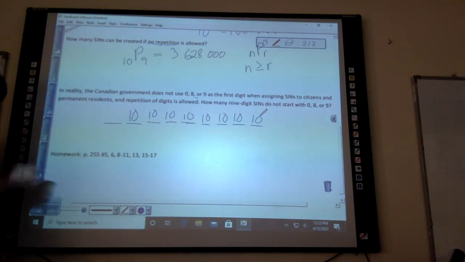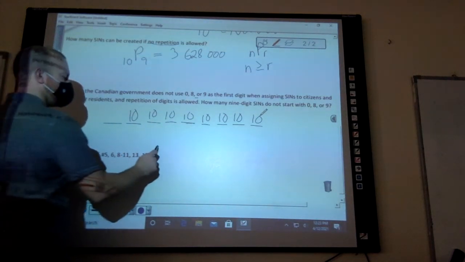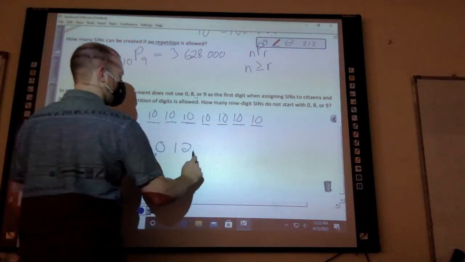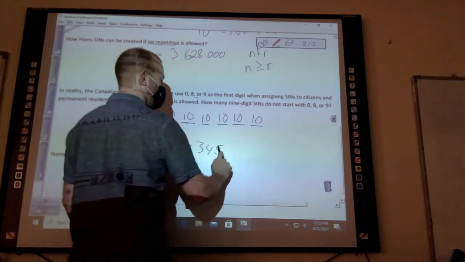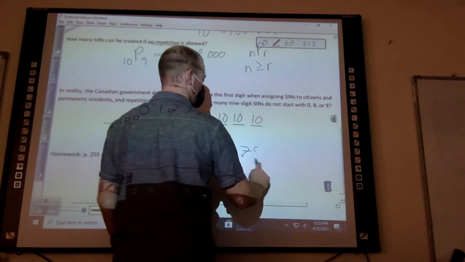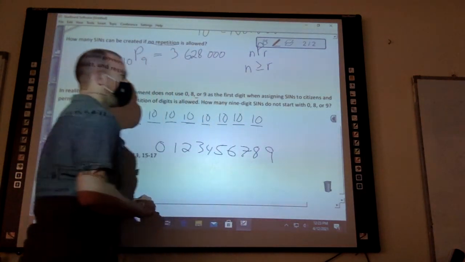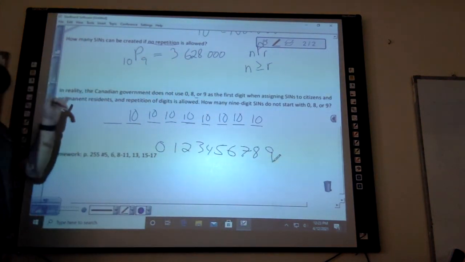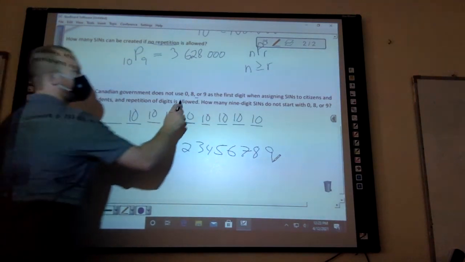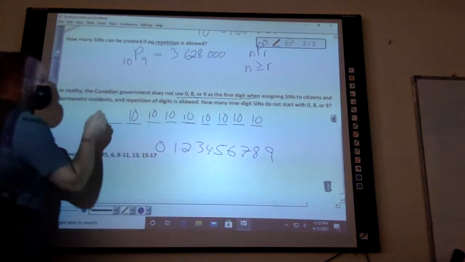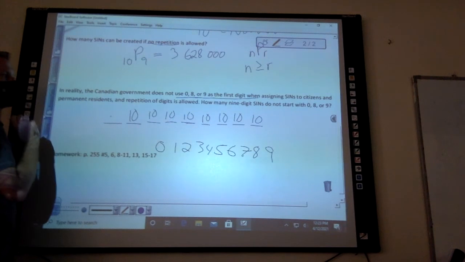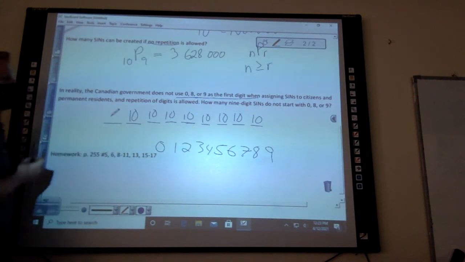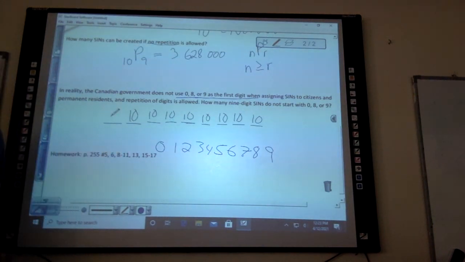If my digits are 0, 1, 2, 3, 4, 5, 6, 7, 8, 9, it says only for the first digit. So they don't use this for the first one. So here, you can't use that. But the rest of them you can. It's just the first one that it affects.